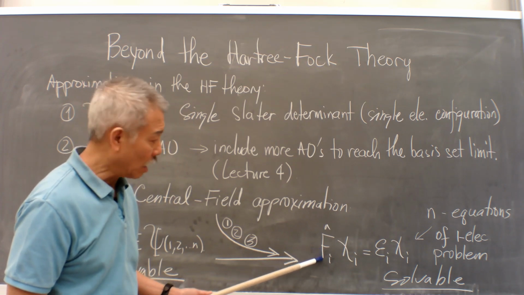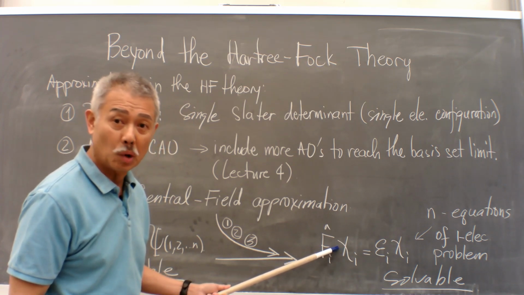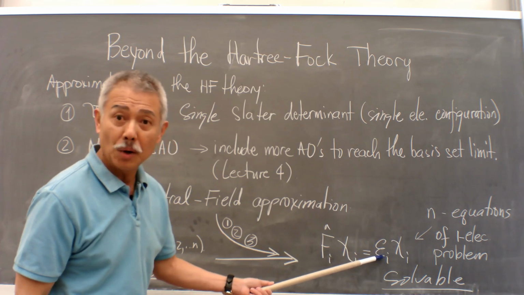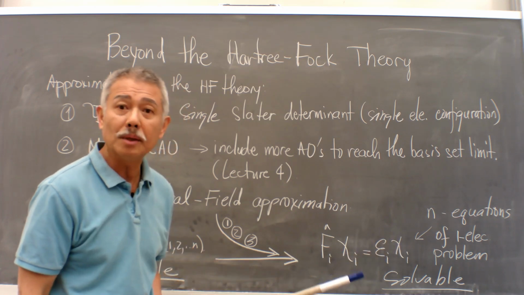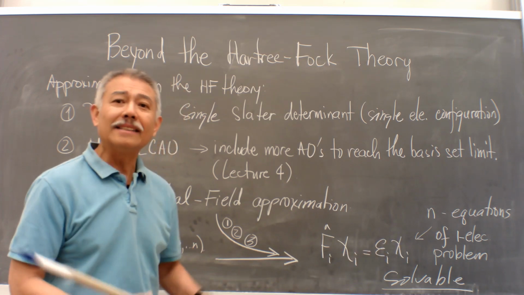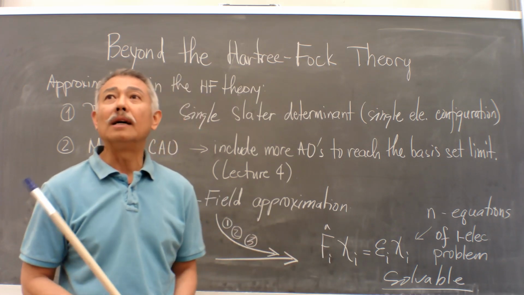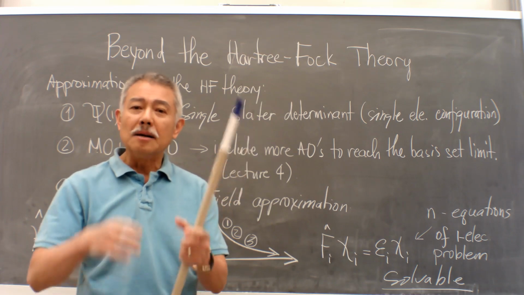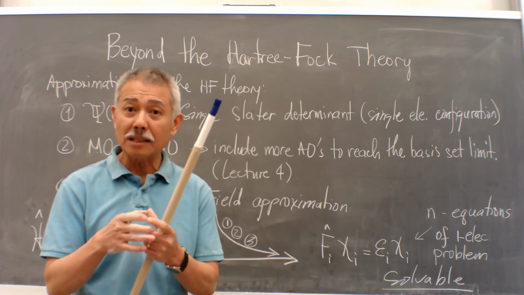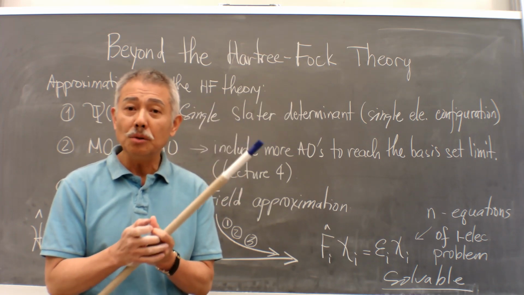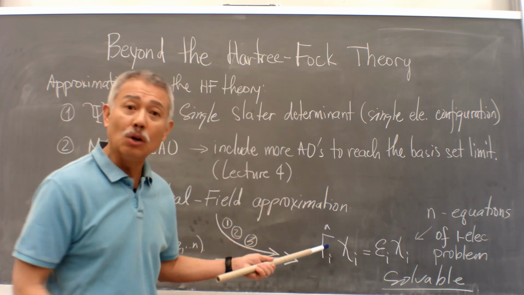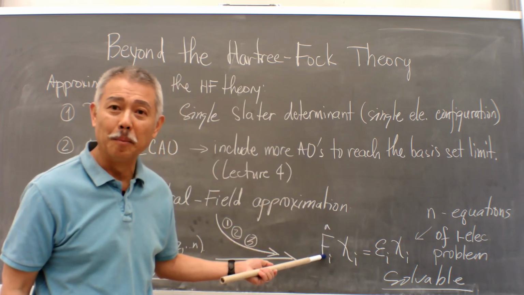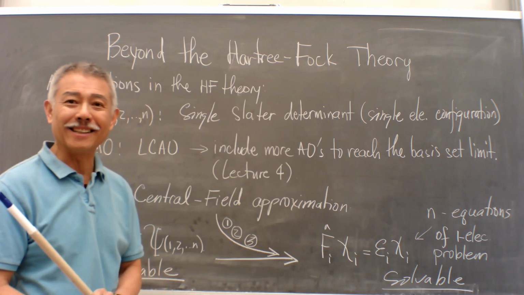Fock operators operate on the spin orbital chi-i, giving orbital energy epsilon-i and spin orbitals chi-i. It's similar to the old Oriental saying: you cannot break a bundle of sticks at once. What you need to do is break a single chopstick one at a time. That's what we just did.